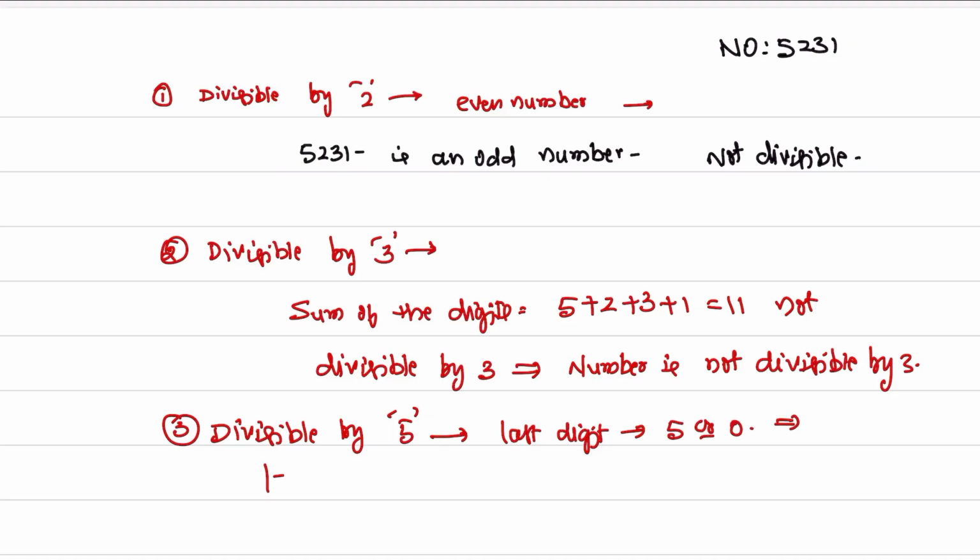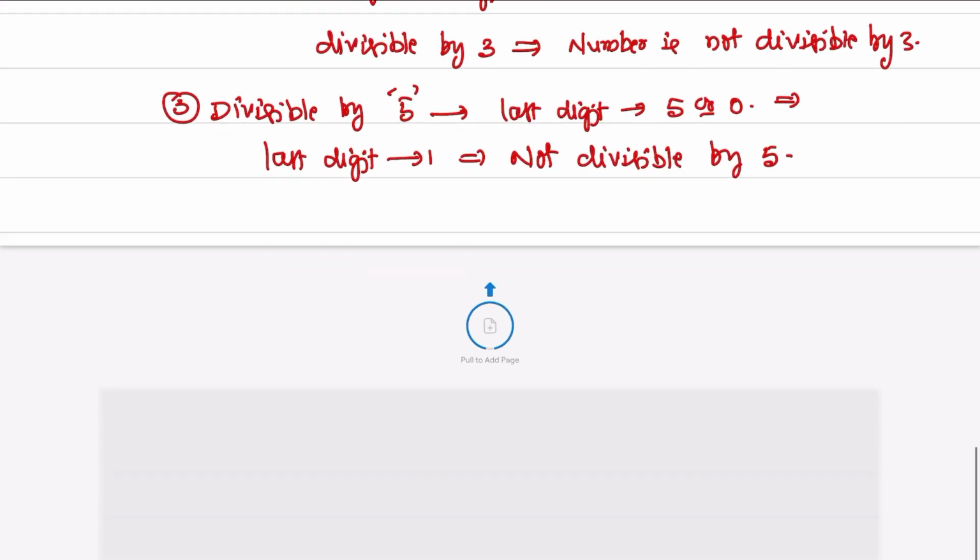But here the last digit is equal to 1. This implies not divisible by 5. That means you go step by step, don't leave any step.